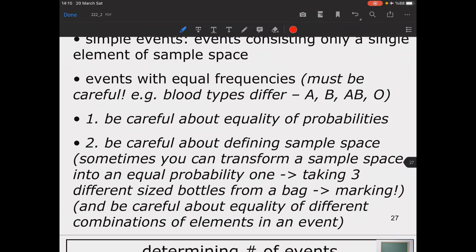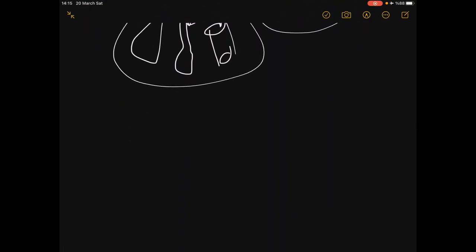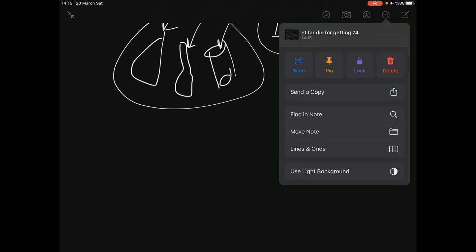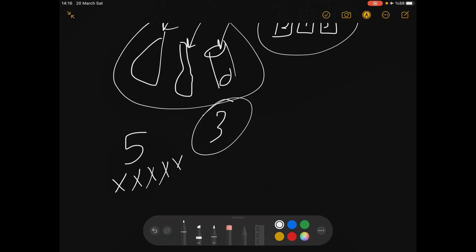And we should also be careful about the equality of different combinations of elements in an event as well. Suppose that you're trying to pick 3 people out of 5 people, and all of the combinations of those people should have equal frequencies as well. Suppose you have 5 people here, A, B, C, D, E, and you are creating a commission or team of 3 people from them.